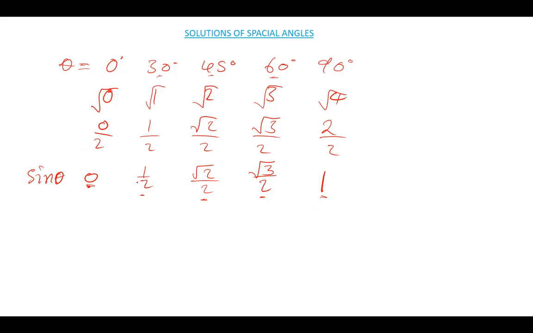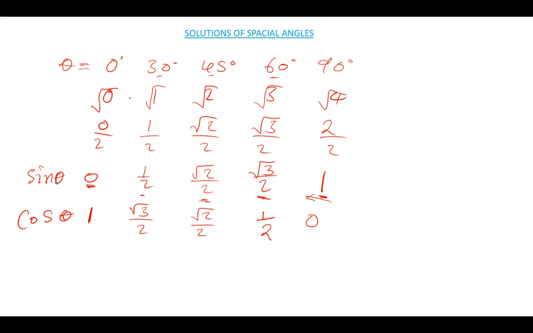Then from there, let us find for cos. For cos, we're just going to write these same numbers, but we'll start from 1 on this side and go this way: 1, then root 3 over 2, then root 2 over 2, then 1 over 2, and lastly 0.